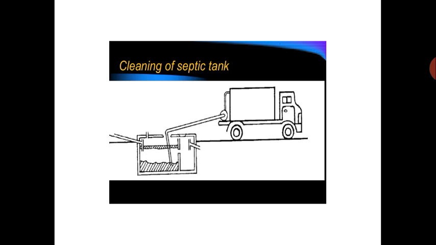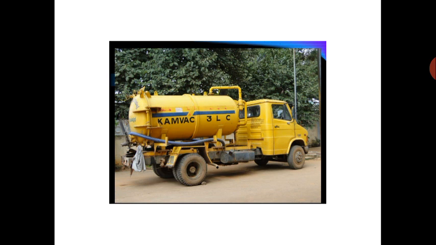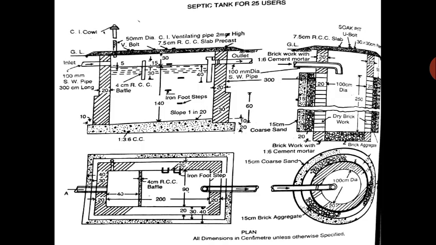The pump will pump the sewage whichever is there in the septic tank, and it will be loaded to the tank, and it will be disposed in some of the land areas, and on those land areas it can be used as a manure. This is how they normally collect all those septic tank wastes, and they dispose it into the land. Okay, in the next class, maybe we'll start directly with the problems associated with the septic tank.